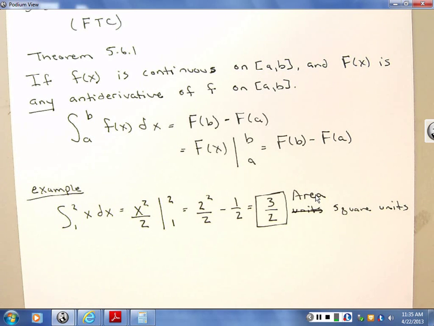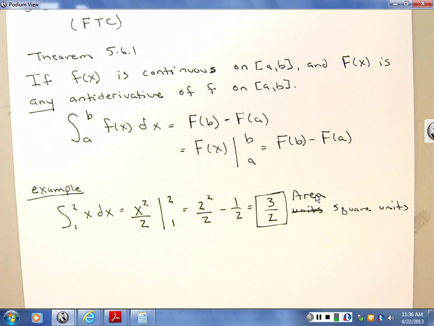In 5.7 and 5.8, we will talk about rectilinear motion revisited. Position, velocity, acceleration, right? If I differentiate position, I get velocity. What if I integrate velocity?